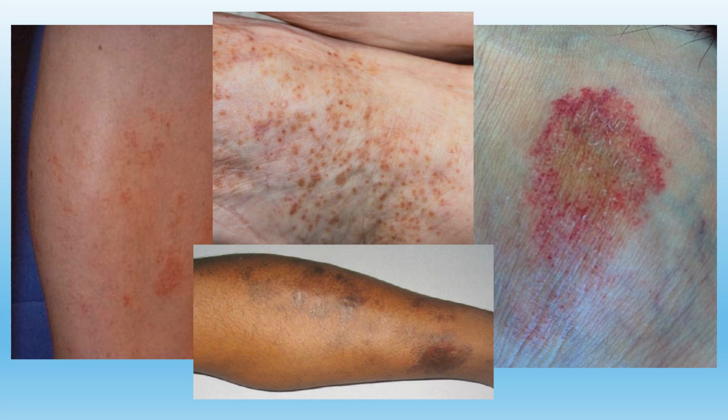These petechiae, this appearance in one form of pigmented purpuric dermatitis, is analogous to cayenne pepper spots or cayenne pepper.